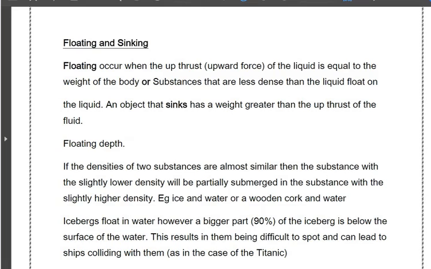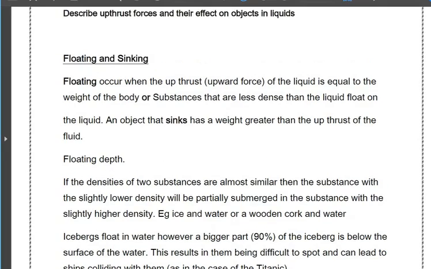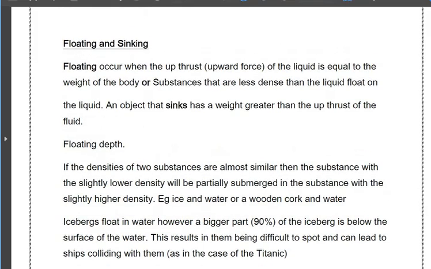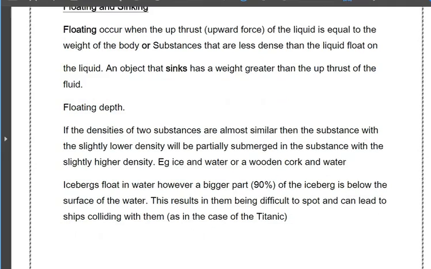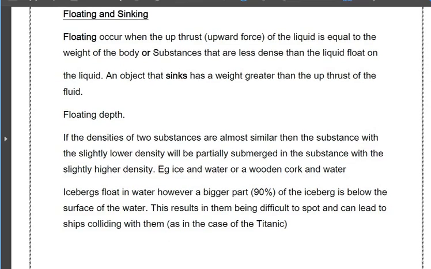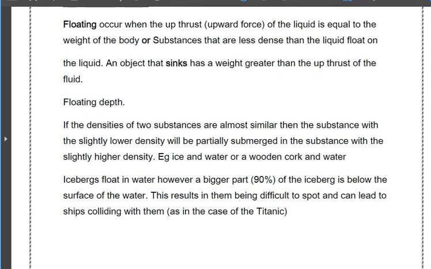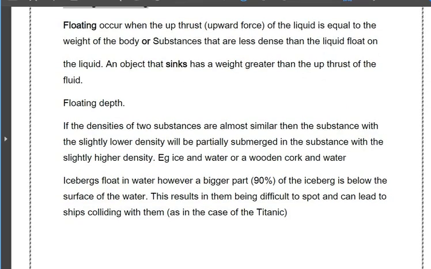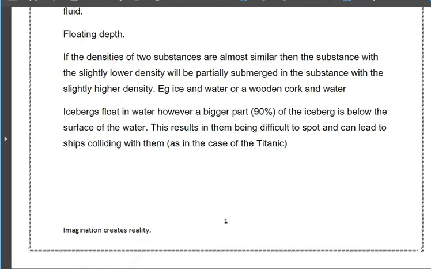Right, so we say that floating occurs when you have substances that are being placed in a liquid. For any of these substances, if the upthrust, which I will explain in due course, is equal to the weight of the body, then the substance is going to float.